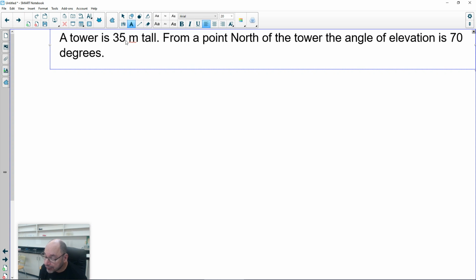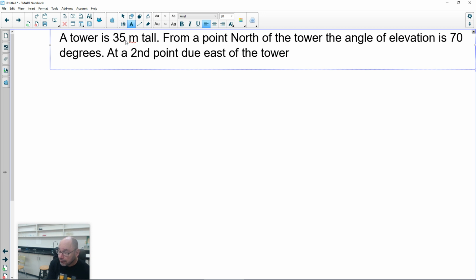Let's say at a second point due east of the tower, the angle of elevation is 50 degrees.